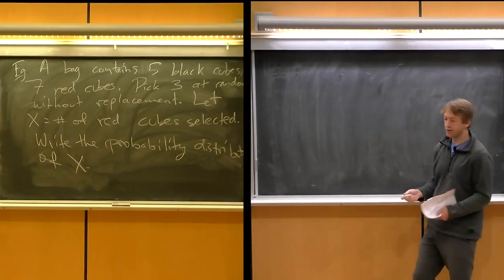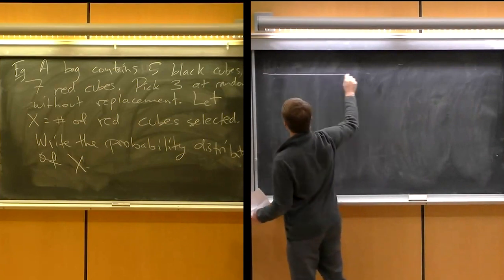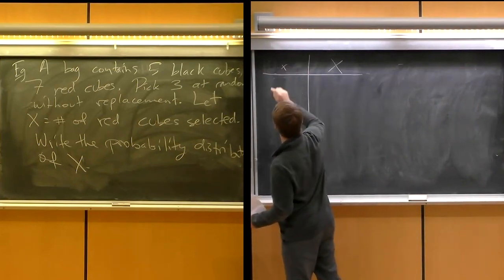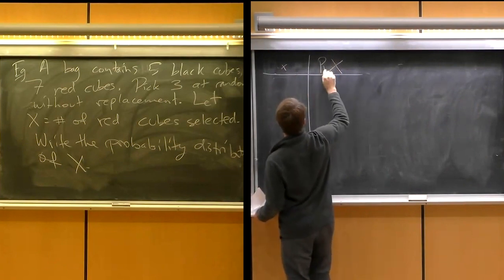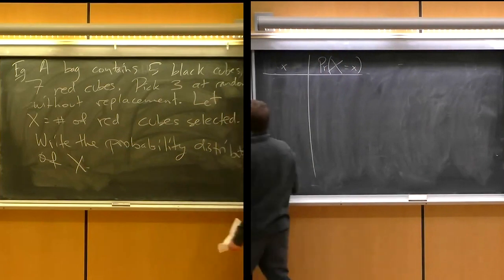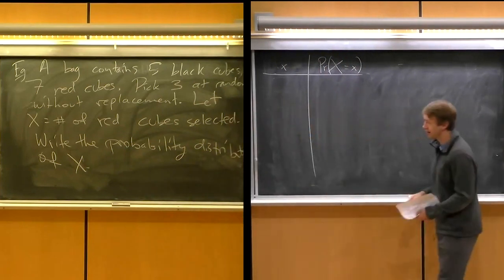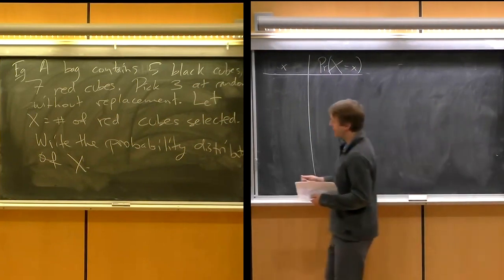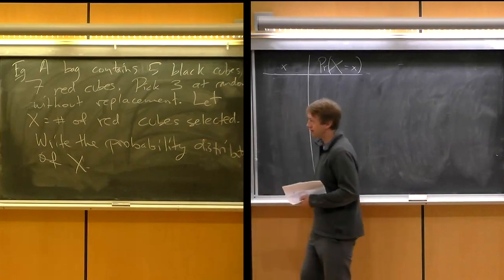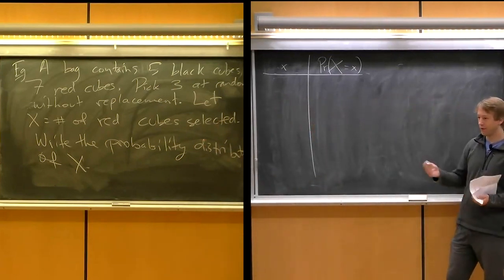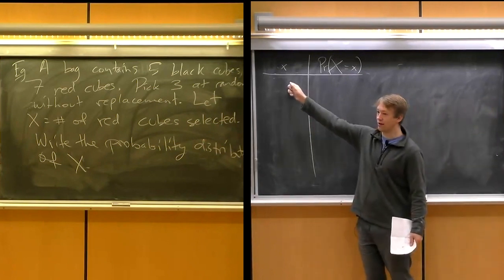Okay, so there's nothing super new here, right? But we've got to practice our probability stuff. So what are the possible values for X? That's the first thing, right? We need to know what to write in this column.